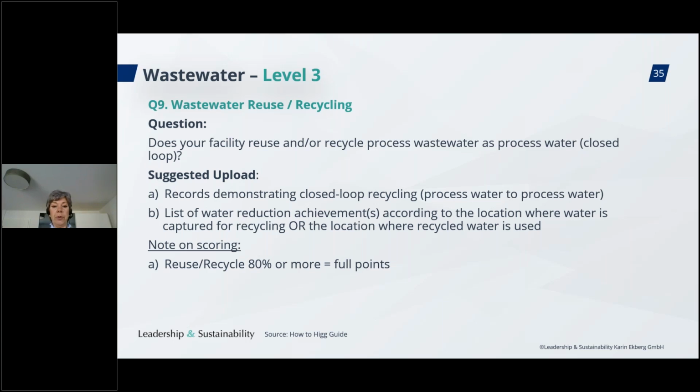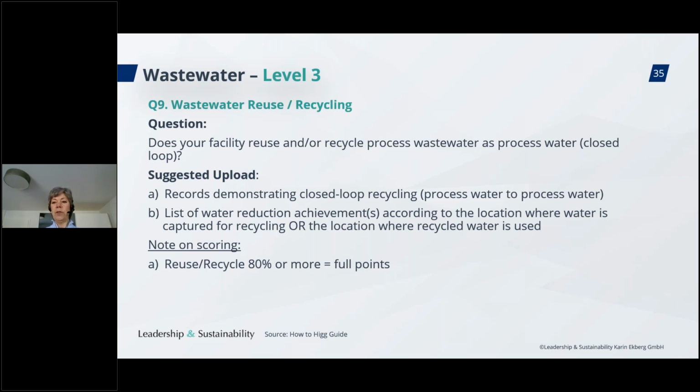You get full points only if you reuse or recycle 80% or more of your process wastewater. And also, please see the wording here: does your facility reuse and/or recycle process wastewater as process water? So it is not counted if you are reusing your process wastewater as irrigation water, for example.